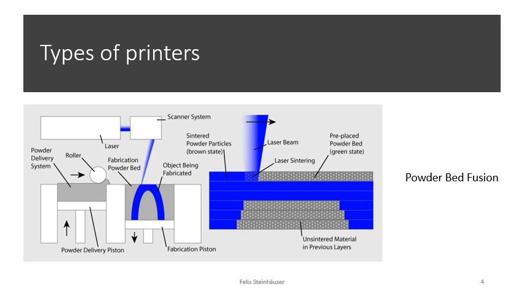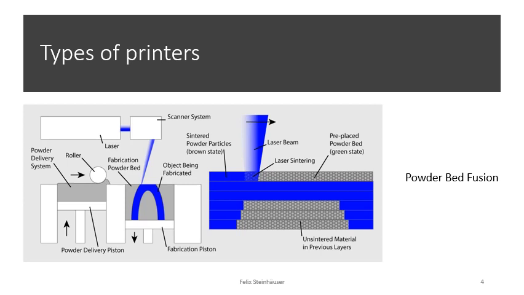After this, the fabrication piston moves down by the layer thickness and new powder is distributed by the roller. This powder comes from the powder delivery system. And this is the whole process.